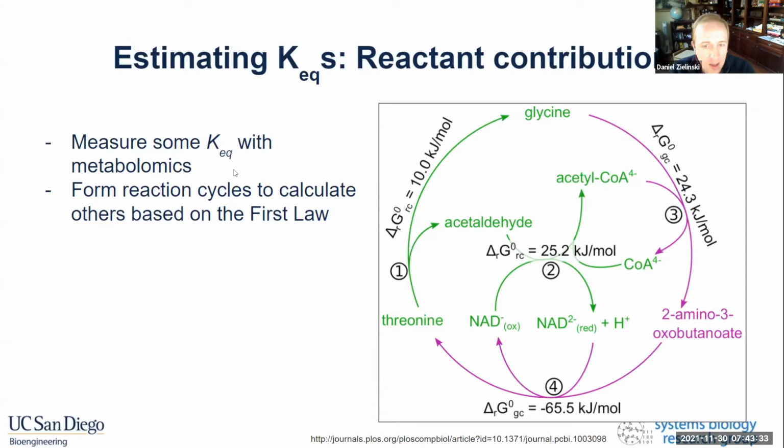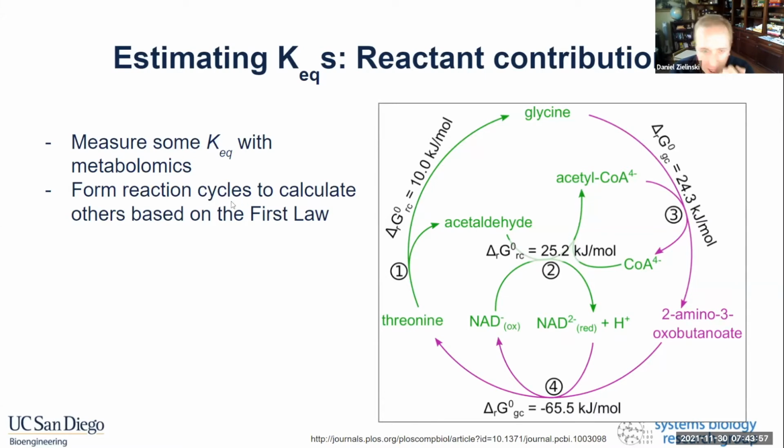So just a little bit on where these constants come from. Typically you will measure KEQ by watching reactions proceed to equilibrium and then measuring the ratio that those reactions or those metabolites ended up at equilibrium. And so you could say, okay, I measured the KEQ of this reaction. But for reactions that you don't measure, you have to estimate them somehow.